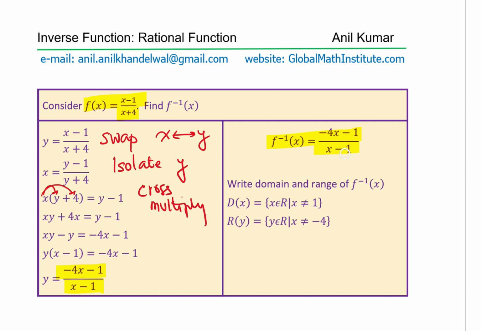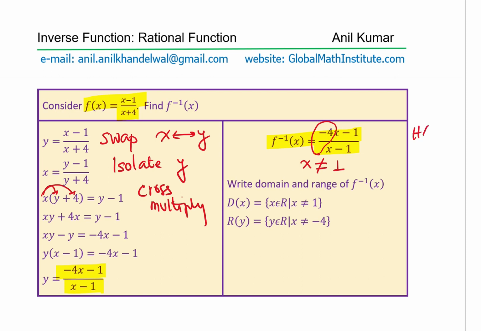Now from the inverse of the function also, you can actually write down the domain and the range, correct? So the domain is that x is not equal to 1, as that gives you the denominator as 0, and the range is the ratio of the coefficients of x, which is minus 4, not included, right? So that is your horizontal asymptote, correct?